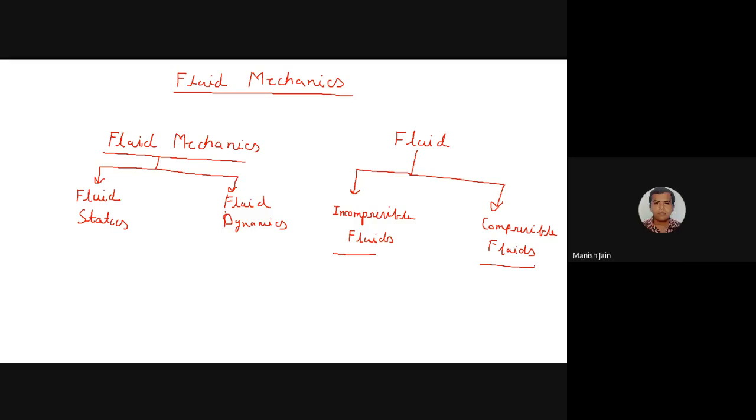Basically, compressible fluids are the fluids where you can change the density of the material by applying pressure, right? If you increase the pressure, the density of the fluid is changing. Those fluids are called compressible fluids. In incompressible fluids, the density is not changing with the pressure, right?